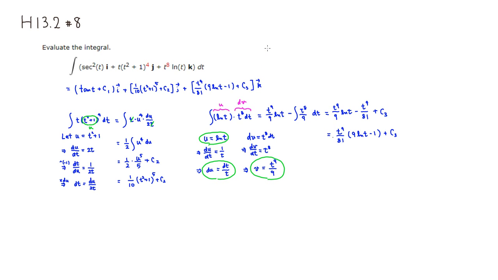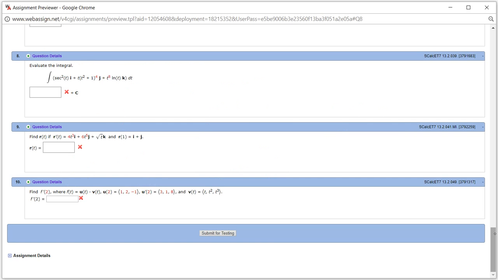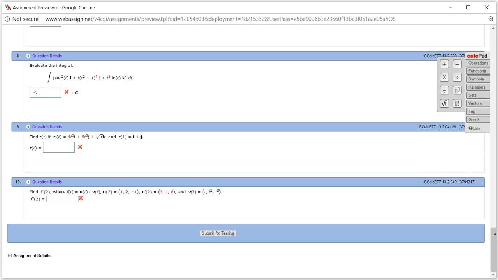So let's type this in. The constant c is a vector, so c1, c2, c3. So we just have to put the expression. The first one is going to be a vector.